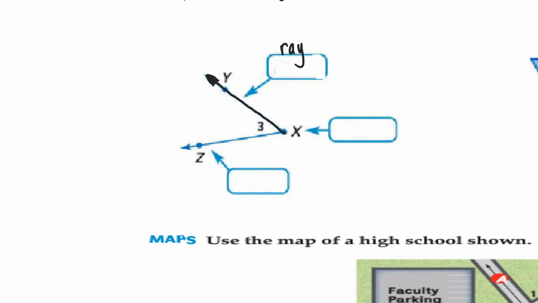But if I think of the overall bigger picture of that whole angle, we call that a side. By itself, it's a ray, but as a part of an angle, we call it a side. It's a side of the angle. So then this thing over here, what's this? By itself, it's a ray, and as a part of an angle, what is it? It's a side.